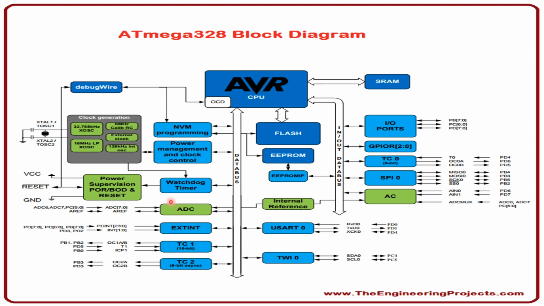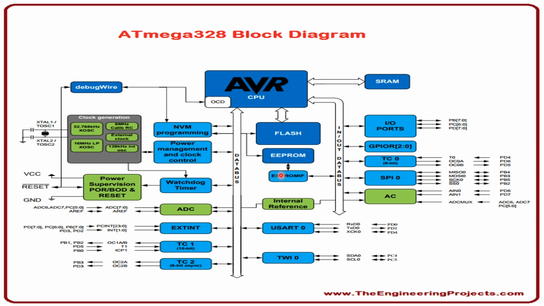The analog to digital converter converts the analog signal to the digital signal, and it generates a 10-bit output for this particular microcontroller and feeds it to the data bus, which is again provided to the CPU for further processing. So this generally sums up all the blocks of this Atmega 328P microcontroller.